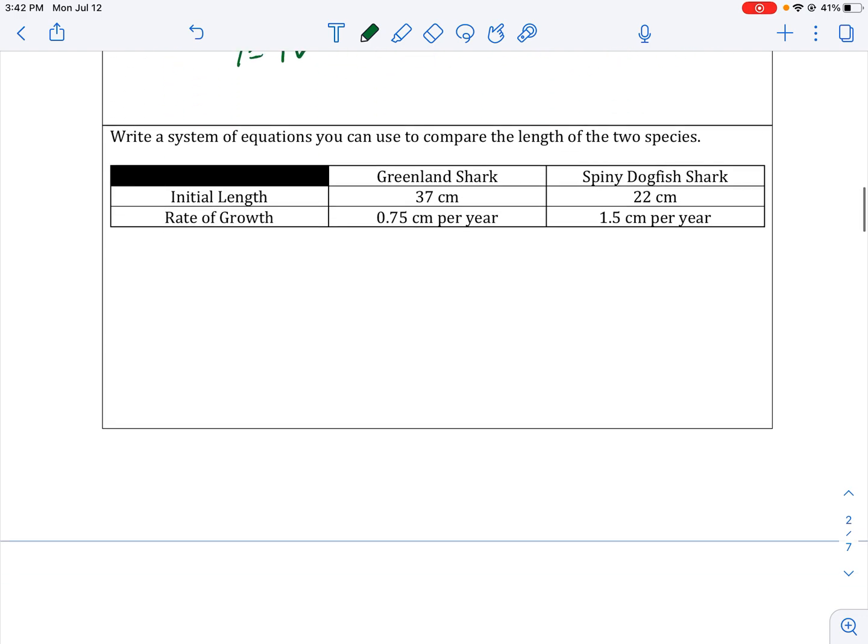All right, now we are going to write a system to compare the lengths. We just want to write a system of equations. We should have some words here that look familiar. Initial and rate. Okay? Initial length should sound like initial value. So when we wrote linear equations earlier this year, we did them in slope-intercept form where y equals mx plus b.